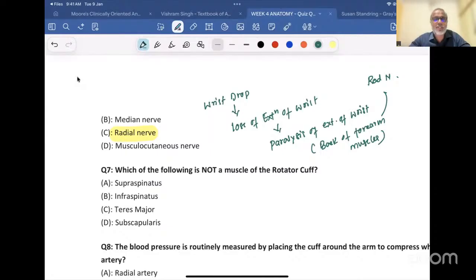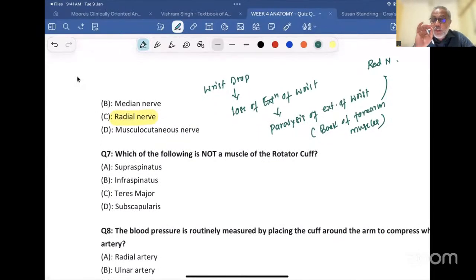Out of the 12 muscles we have, all these are supplied by the posterior interosseous nerve, which is the other name given to the deep branch of the radial nerve.